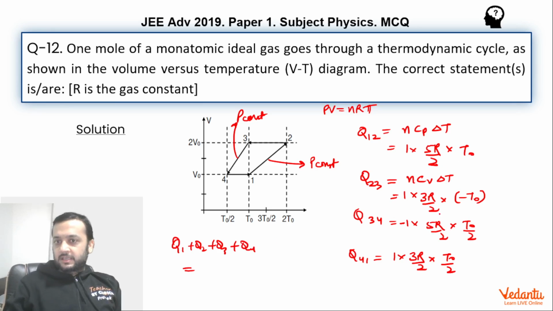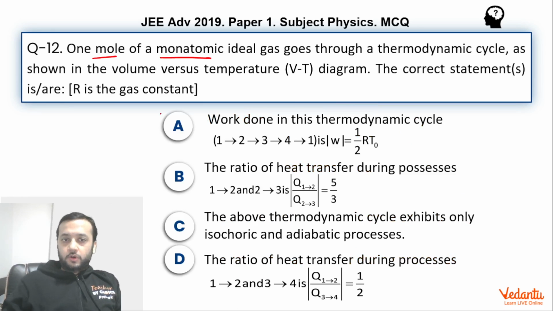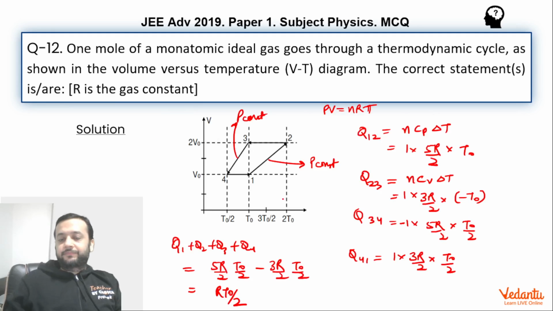So this and this will become 5R/2 T naught by 2. Plus this and this will become minus 3R/2 T naught by 2, correct? So this is 5R T naught minus 3R T naught, that means 2R T naught by 4, that means this is R T naught by 2, right? So option A is correct.